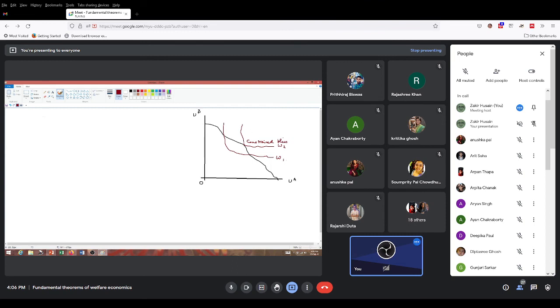So it is possible for a competitive economy to be efficient, equitable, and we see that we can also maximize social welfare.